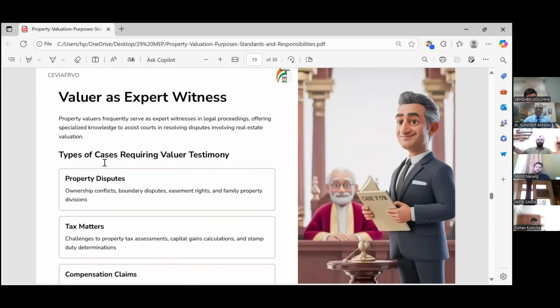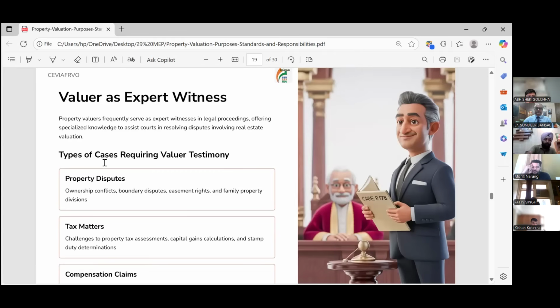So next is the valuer as an expert witness. As a valuer, you may have to appear in court as an expert witness. So what are the types of cases which require a valuer's testimony? In case of property disputes, when there are ownership conflicts, boundary disputes, easement rights, and family property divisions.